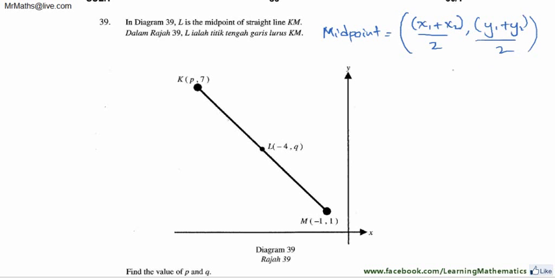Okay, so we do not know the real coordinates of K and L. So let's say the midpoint there is minus 4, Q, right? So that is equal to, say this is x1, y1 and this is x2, y2.